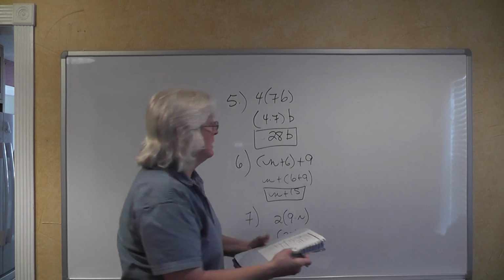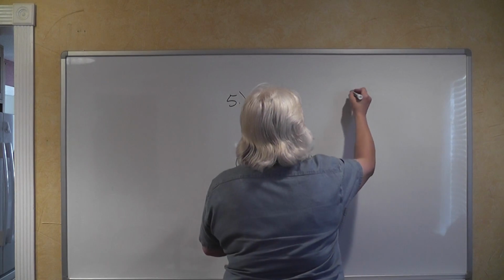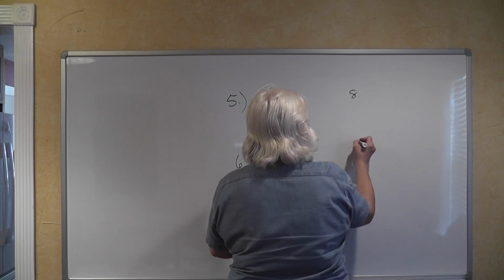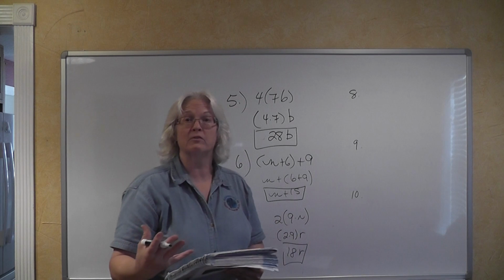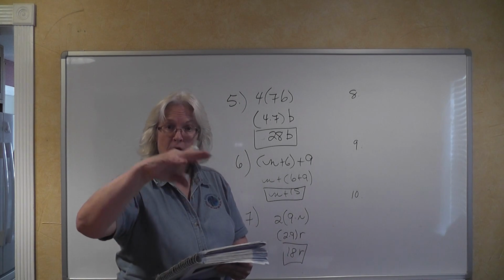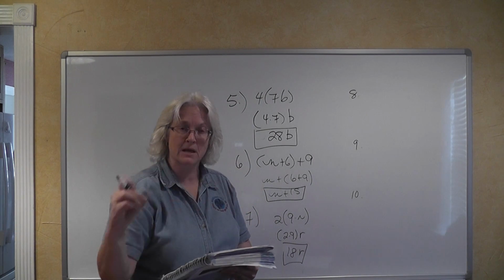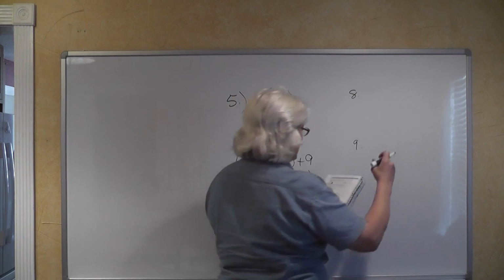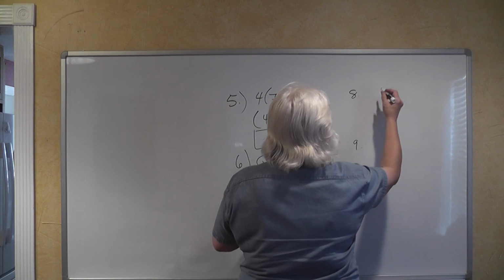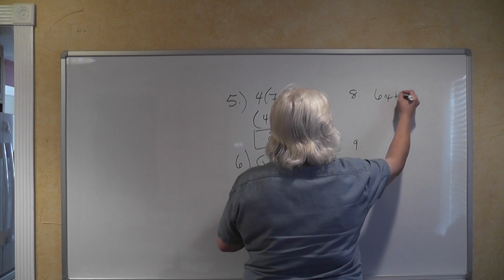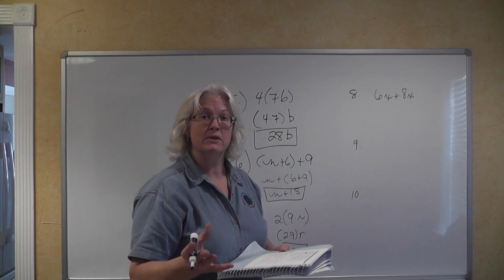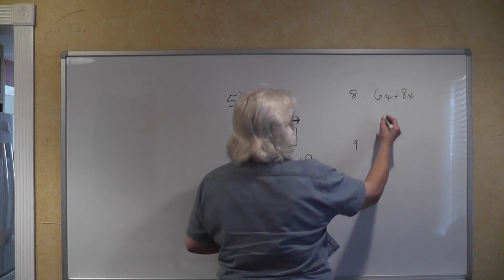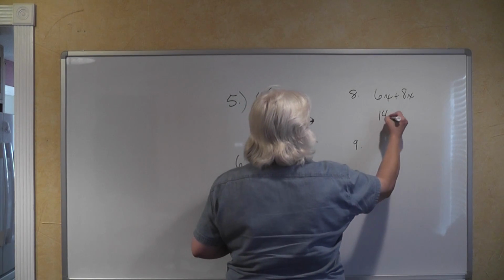Problems 8 through 10, you're allowed to come up with these solutions based on using the distributive property. You don't have to go through the mechanical steps of illustrating that though. Let's see. We have 6x plus 8x. When the variables are the same, you add the coefficients. 6 plus 8 is 14.